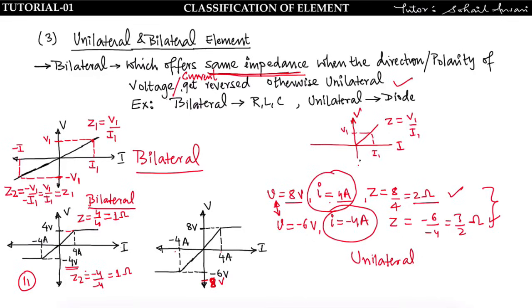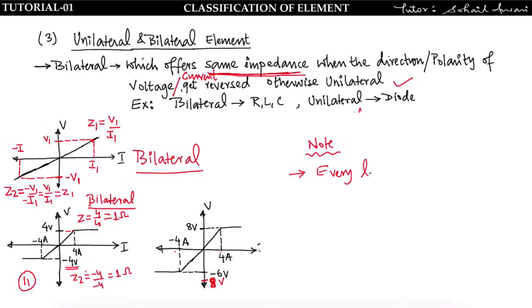But when you reverse the voltage, that means at V is equal to minus V1 you are getting current as 0, means Z is infinite. So this is offering different impedance when the polarity of voltage gets reversed. Got it? So this is also unilateral.